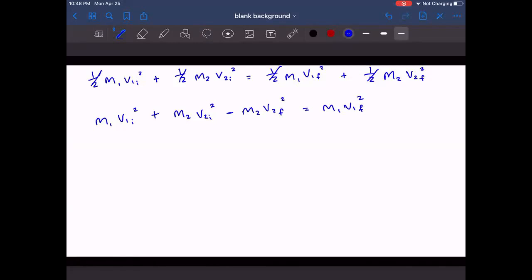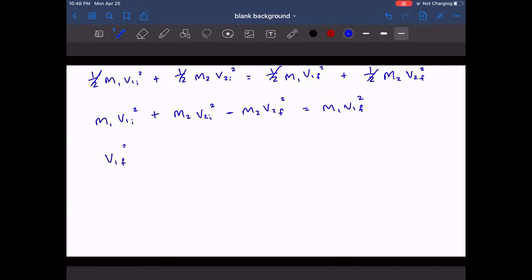So then after that, you're going to divide by M1. Yes. Good. So I'm going to switch the sides here.